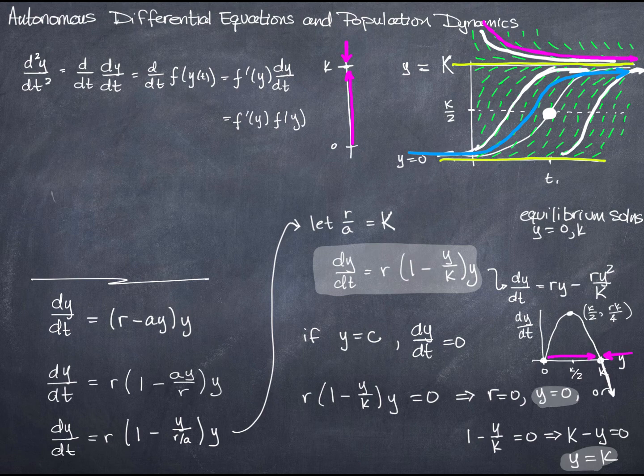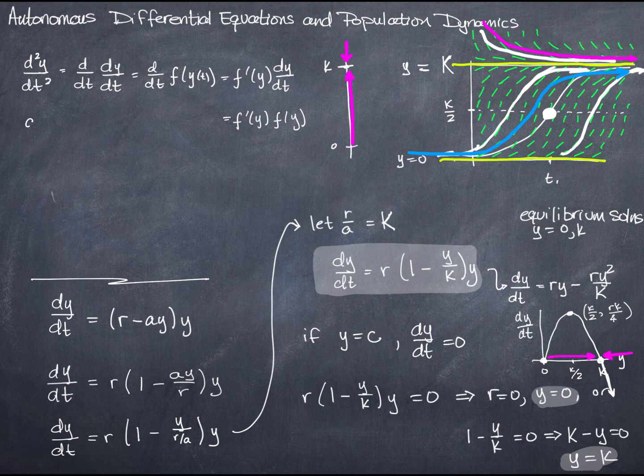Now I'm looking for concavity here, and the concavity is determined by finding where the second derivative of a function is positive, in which case it's concave up, and where it's negative, in which case it's concave down. So where is this thing positive? Well, we have a product here.